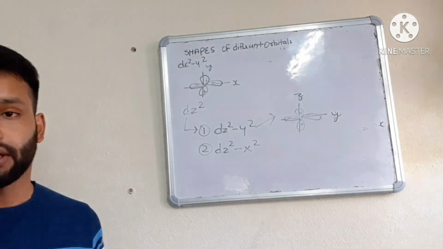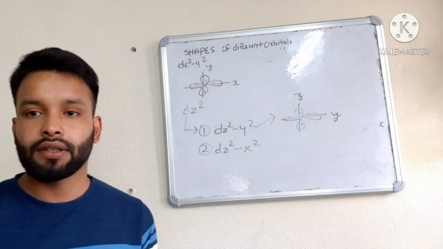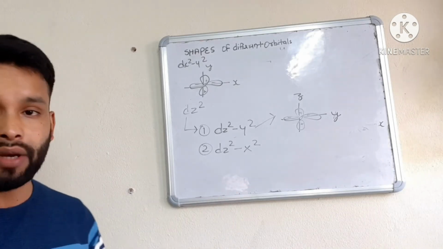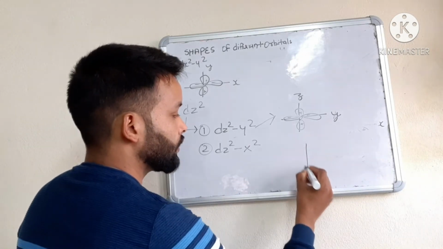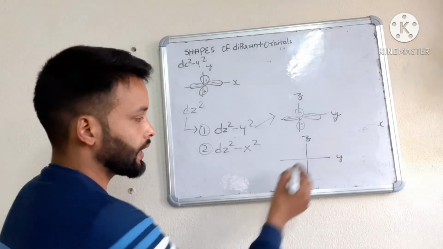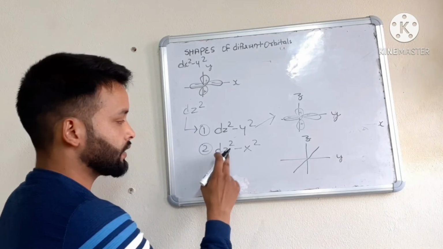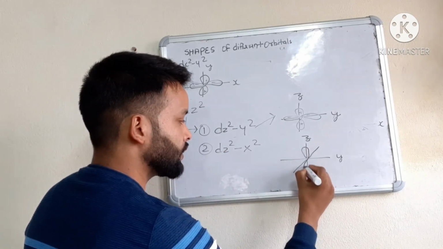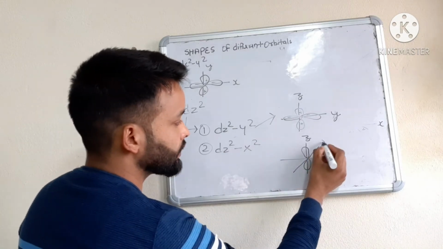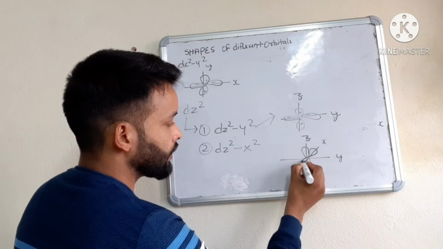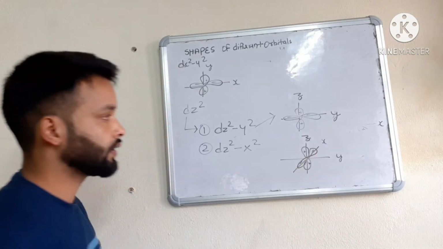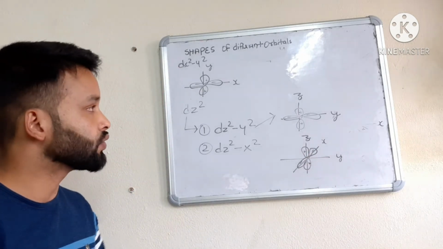This is my dz square minus y square. Similarly, I'll draw z square minus x square. This is z, this is x, x square, positive, negative. So it is made up of these two structures.